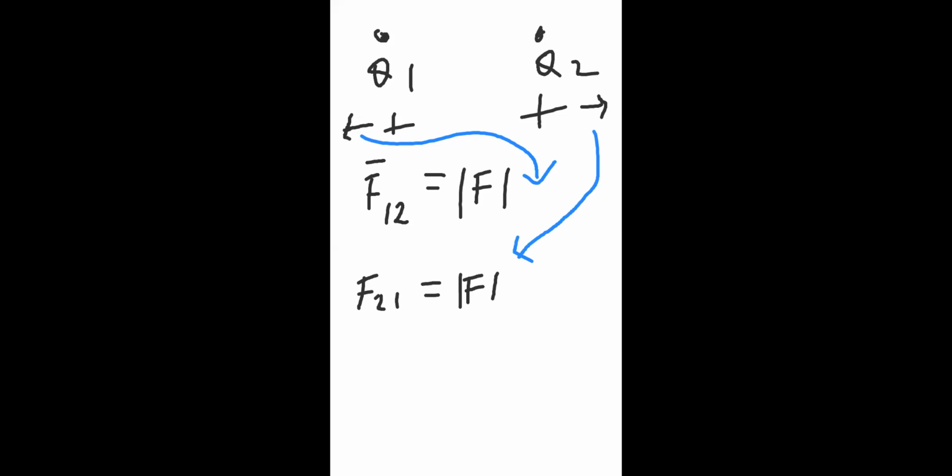Definitely these two forces are going in opposite directions. In the case of Coulomb's law, you can write F12 at any point of time is equal to minus F21. It is in just the opposite direction. But somehow you should know what this direction is.